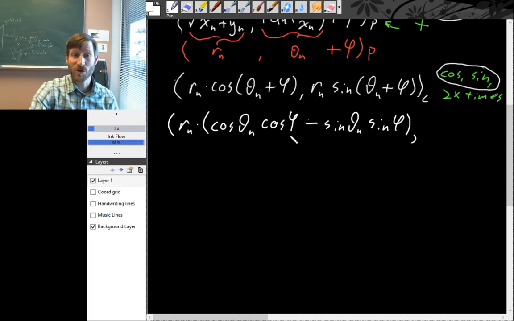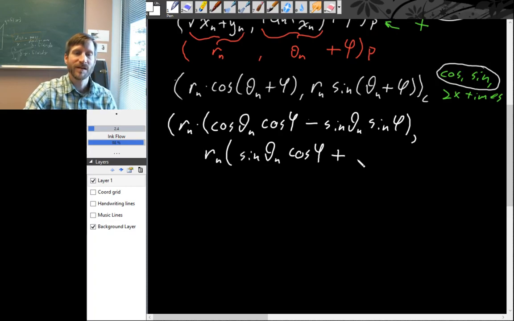So that's the x-coordinate of the rotated point. And then for the y-coordinate, it's r sub n times, and now we need to write the sum formula for sine. And that's sine of theta sub n times cosine of phi plus cosine of theta sub n times sine of phi.